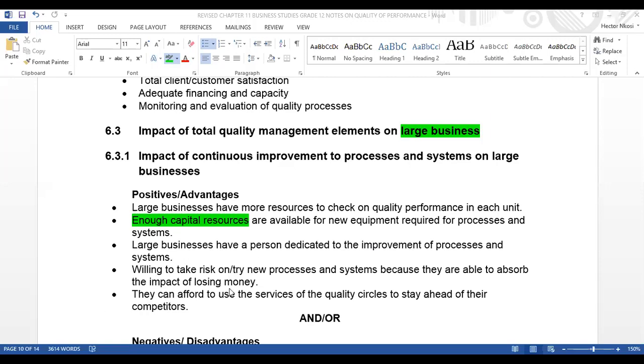Also, the good thing about large businesses, guys, is they are willing to take risk on trying new processes and systems because they are able to absorb the impact of losing money, right? So very important, willing to take risk.